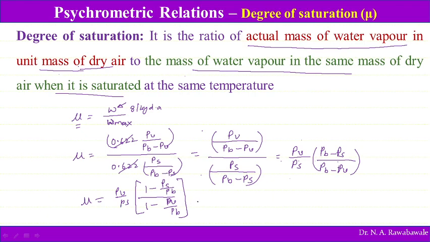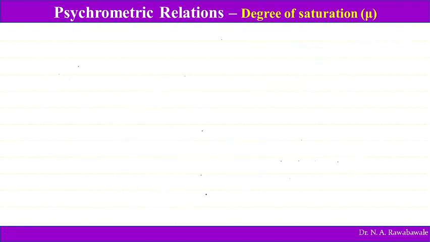So degree of saturation can be written in this way. There are two equations for degree of saturation. So mu can be written as PV divided by PS, in bracket PB minus PS divided by PB minus PV.